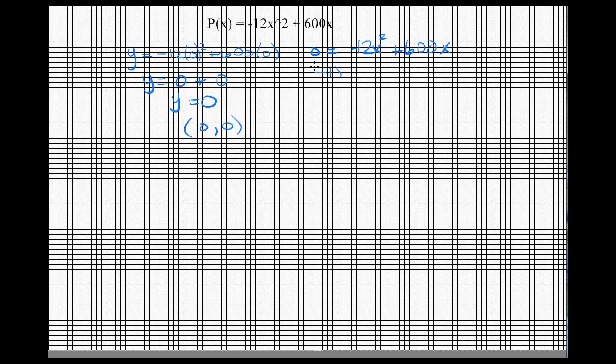So minus 1 times 0, and then minus 1 times minus 12x to the second power plus 600x. So this becomes 0, this becomes 12x to the second power minus 600x. Now let's remove a greatest common factor, which is going to be 12x.